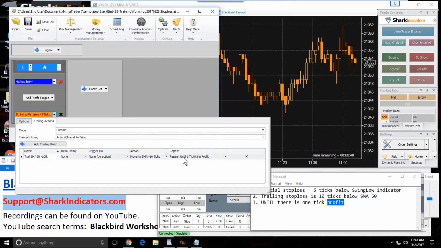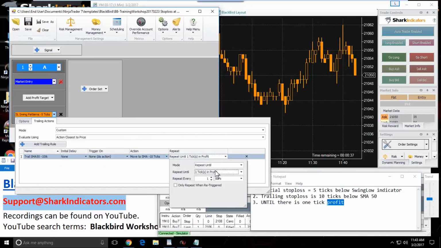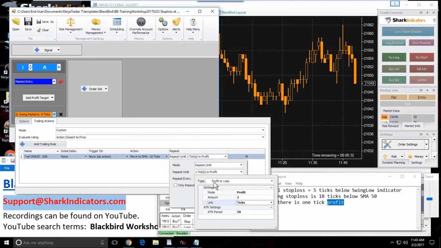We were going to trail that until we got 1 tick in profit, right? So this profit or loss is profit or loss of the trade, not of the stop loss order. Big difference, major big difference there.